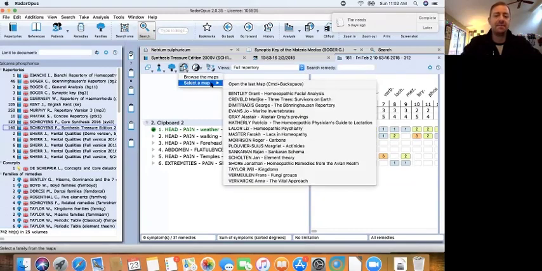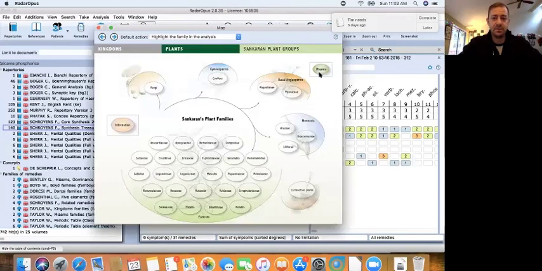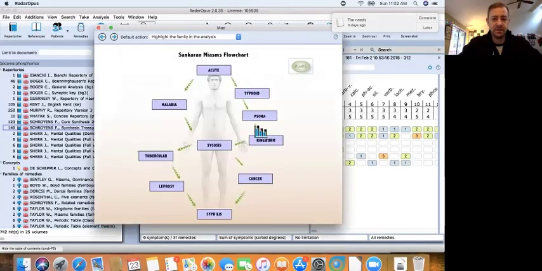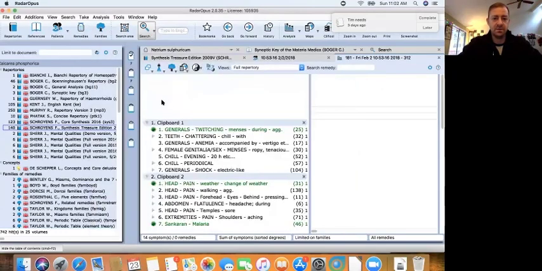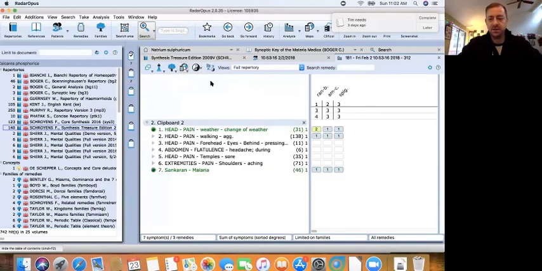I'm not necessarily trying to incorporate the thread of the miasm if it's not super evident. So I can go to miasm and go to malarial. The only remedies that are change of weather and malarial are ranunculus bulbosus, ammonium carbonicum, and spigelia.